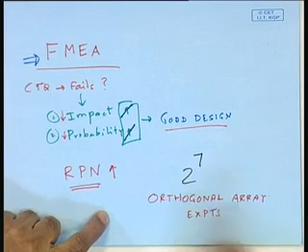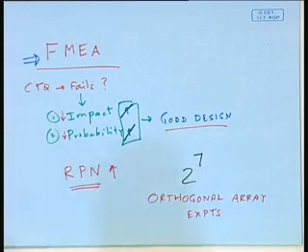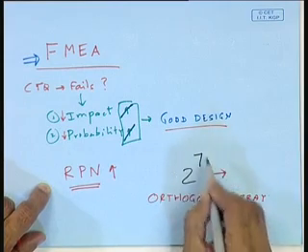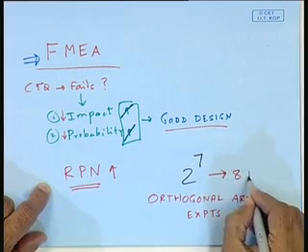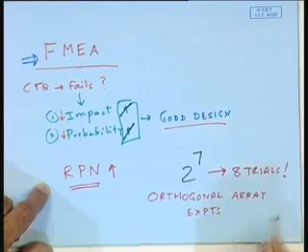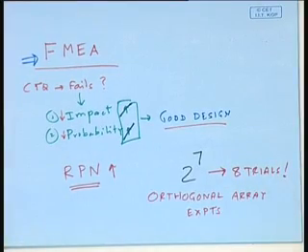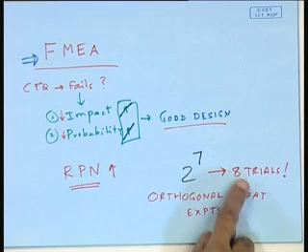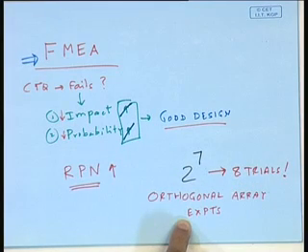You could run orthogonal array experiments. That would reduce these 2 to the power 7 trials to 8 trials only. And this is a remarkable saving. You're coming down from 2 to the power 7 to 8 trials by using this approach to do your DOE.